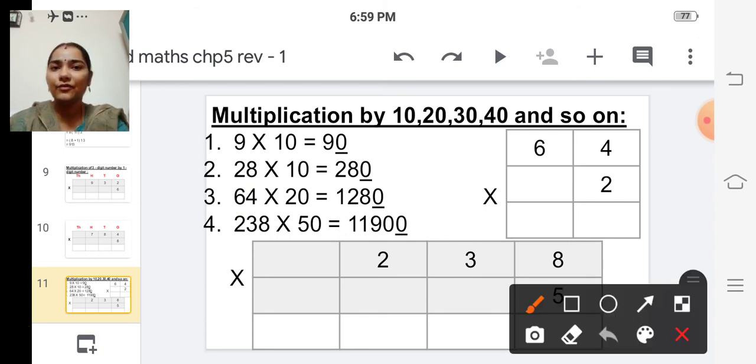238 into 50. So we can put 0 at the end. Okay, because 50 has 0, isn't it? So we have to write 0 at the end and we have to multiply this 238 into 5 and we have to write the answer before this 0.